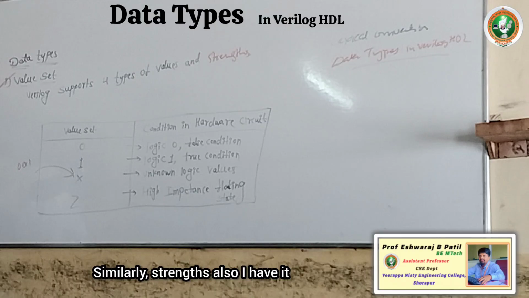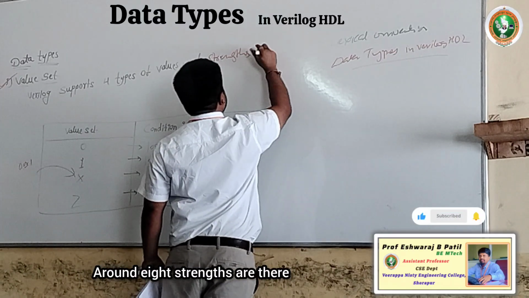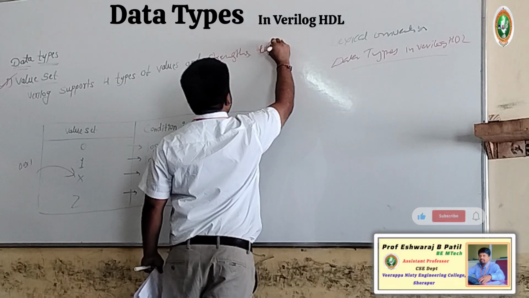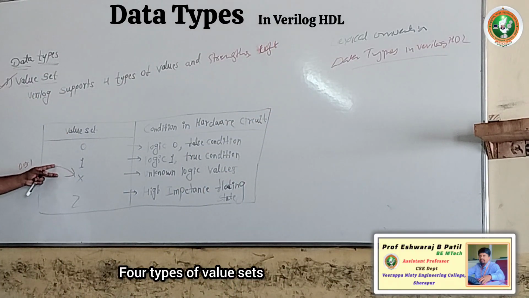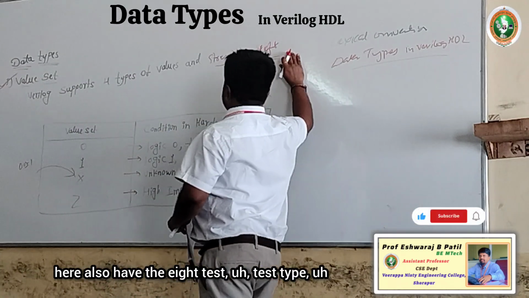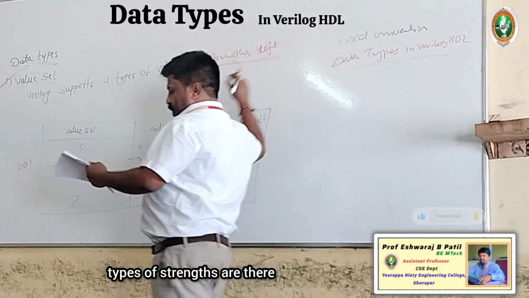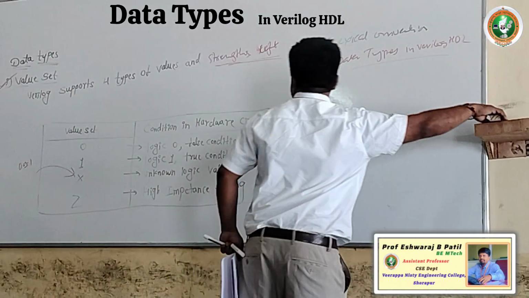Similarly, I also have strengths. Around 8 strengths are there. Verilog supports 4 types of value sets and also 8 types of strengths. Let me write the strengths here.